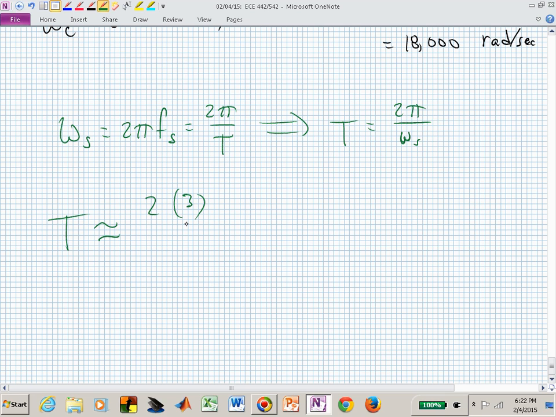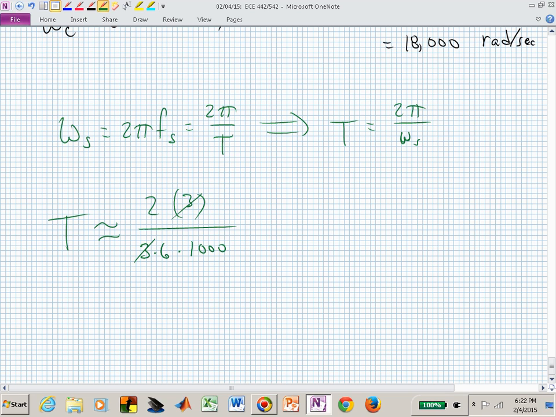I'm going to approximate pi with 3, and omega sub s was, what was it, 2 times 3 times 1,000? No. Wasn't 6, was it? It was 18. So let me say 3 times 6 times 1,000.